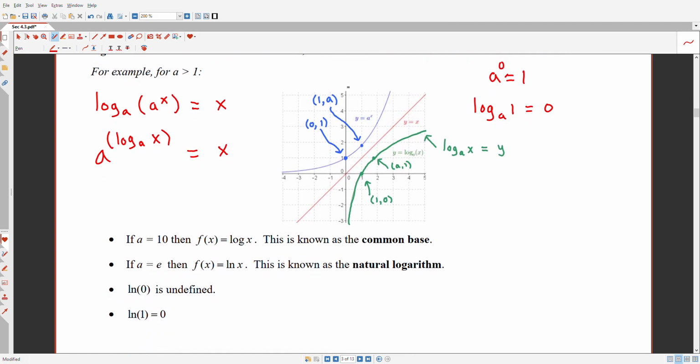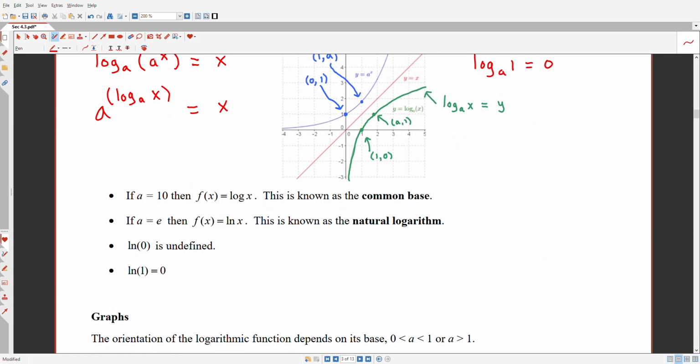As mentioned here in these notes, if you use a base of a equals 10, most mathematicians, or at least math textbooks, won't call it log base 10 of x, we'll just call it log of x. So that's actually something important to remember. Whenever you see log x with no base written, you're talking about the log base 10 of x.